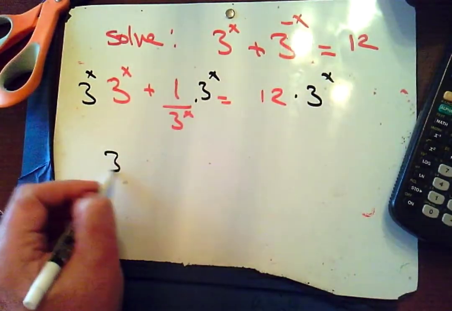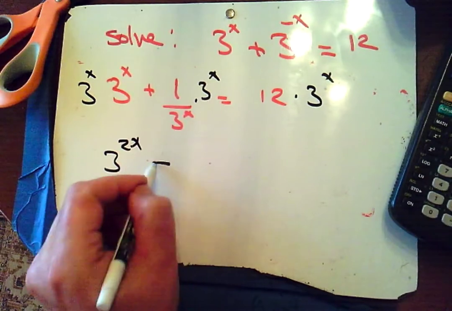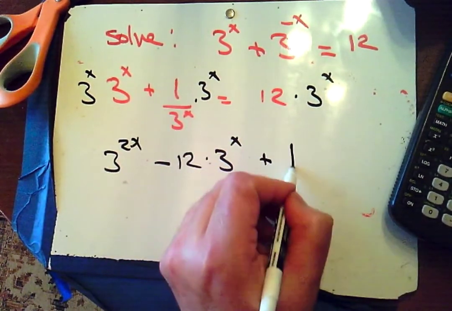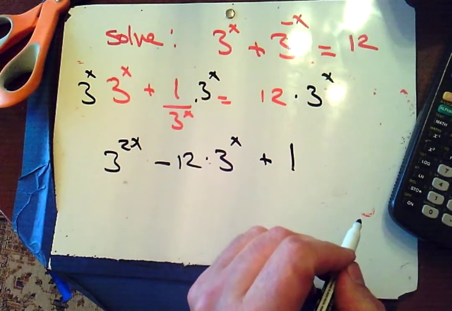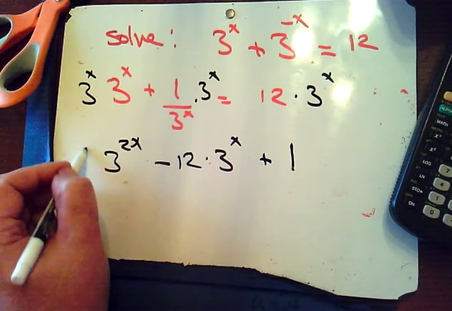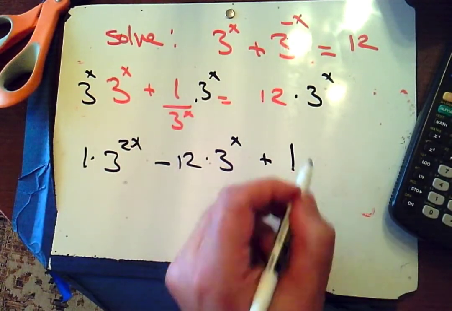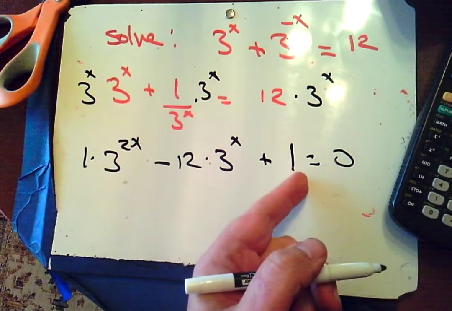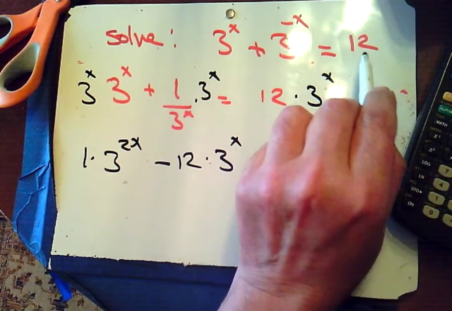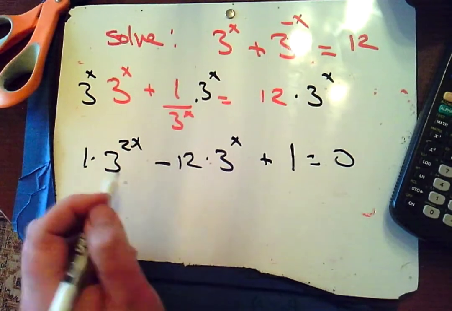And so I've got 3 to the 2x minus 12, 3 to the x plus 1. Okay? So, does this factor? Well, the factors of 1 are 1 times 1. I can't get factors of 1 that add up to 12. That's how I knew it couldn't be a 12 here, because there was no way this was going anywhere.